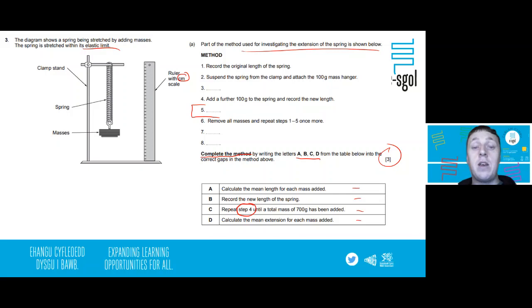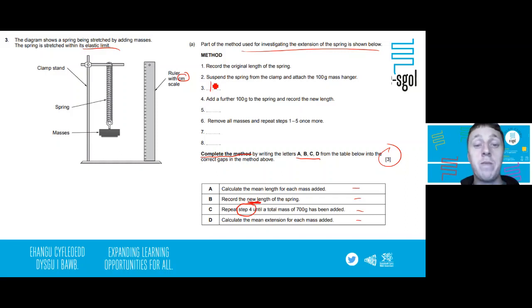So before we've even read the statements, we might think C might go here, only because of that clue right here. Now, if we look here, we have record the original length of the spring. So that means no mass on it. Record the original length. We then suspend the spring from the clamp and attach the 100-gram mass hanger. So we have the original length. We can see in the statements there is one to do with the new length.